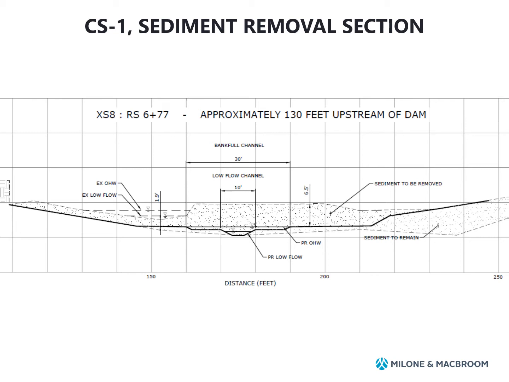You can see the dark, thick black line indicates the final grade or the excavation depth, as well as some shaping to create what we've called the pilot channel on the proposed conditions plan, and the components of that including a 30-foot wide bankful channel, and then within that a 10-foot wide low flow channel.